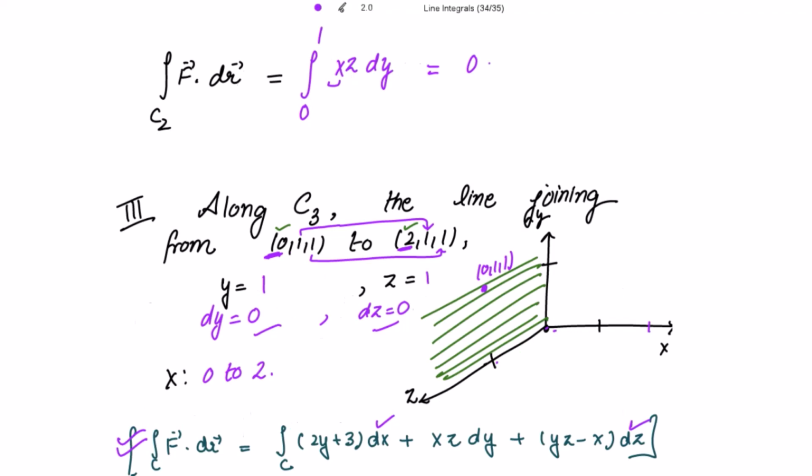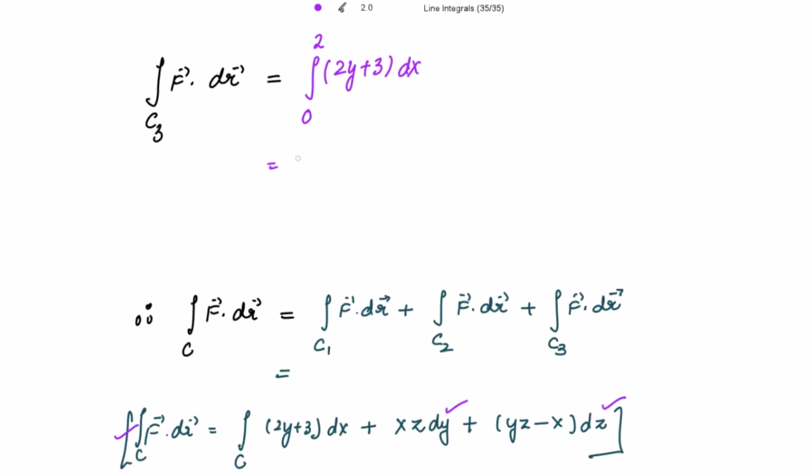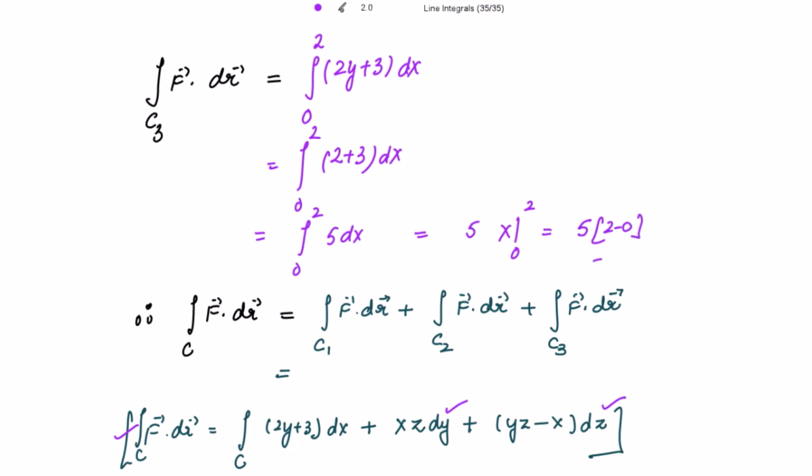So it is (2 into 1, that is 2, plus 3) dx from 0 to 2, which is the integral of 5 dx. The integral of 1 is x, with limits from 0 to 2, and we get 5 into 2 minus 0, which is equal to 10.